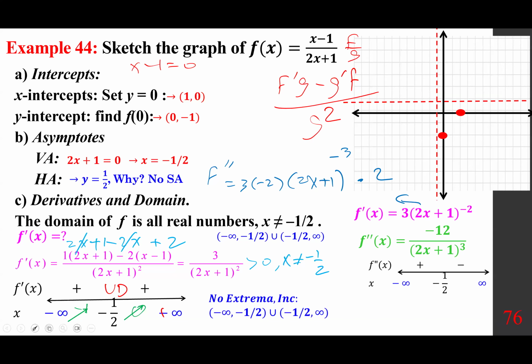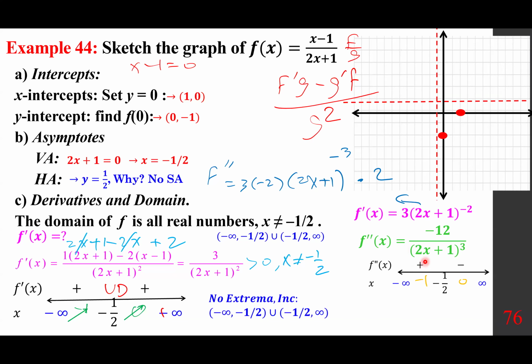If you choose, for example, -1 here and 0 here: if I put 0, I get 1, cubed it is 1, and -12 over that is negative. If I put -1, I get -2 plus 1, which is -1. Cubed it is -1. Negative over negative is positive.